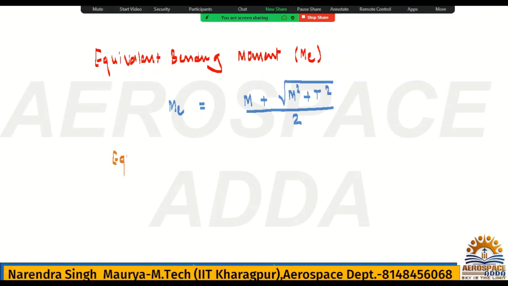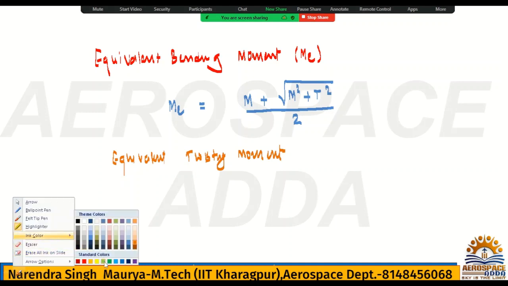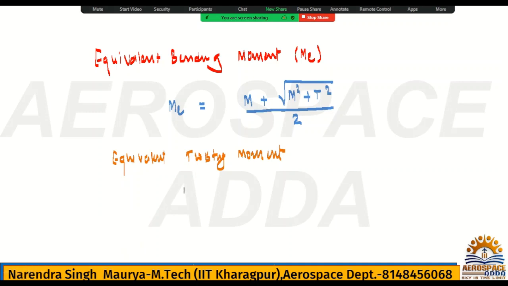Similarly we can get the equivalent twisting moment, denoted by TE, which is nothing but the square root of M square plus T square.